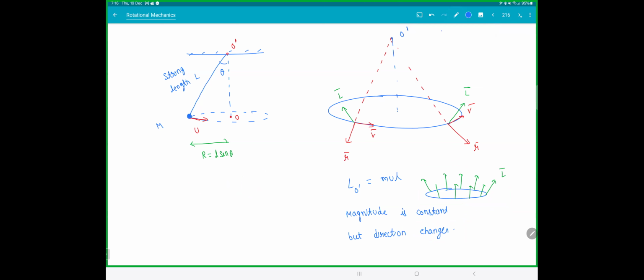Have a look at this. Let's study a little more on this. So same particle, you can see suddenly it is constant. It is not constant about some other point.